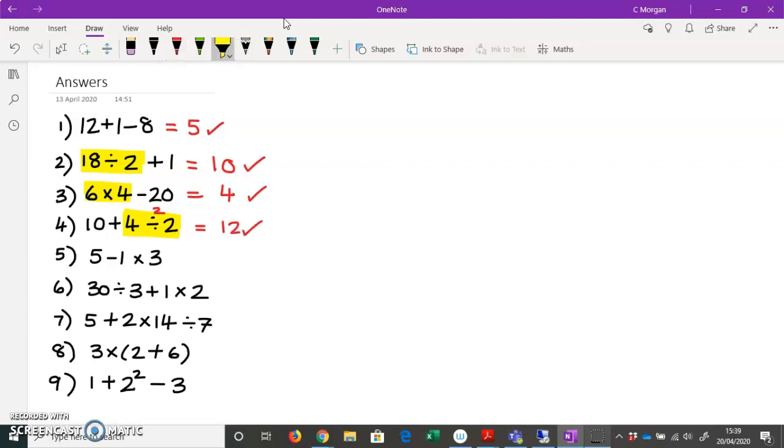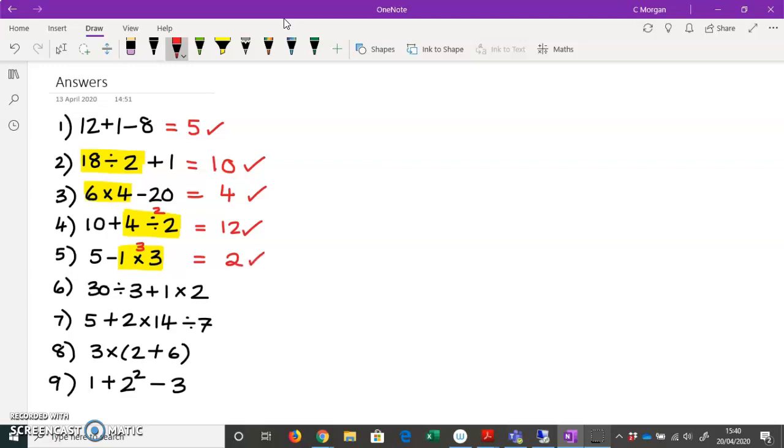In my next question, 1 multiplied by 3 is always the first to do before subtraction. So multiplication always happens before subtraction. I know that 1 times 3 is 3. So 5 subtract 3 is 2.